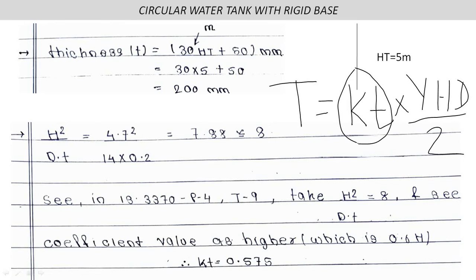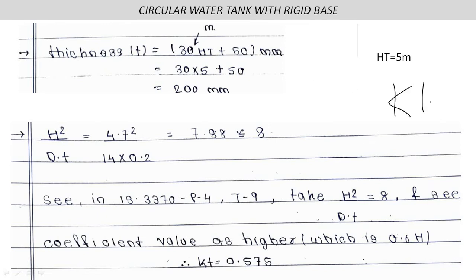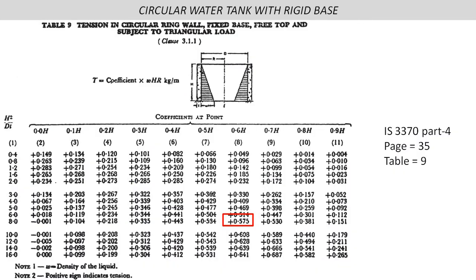For calculating the coefficient, we have to first find the ratio of h square upon dt. We can have the value of KT from page number 35, IS 3370 part 4, table number 9, which includes the value of h square upon dt.